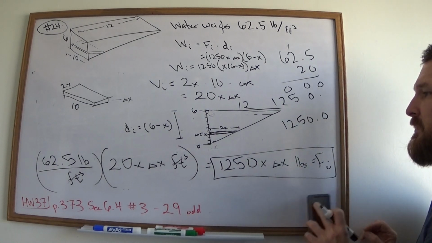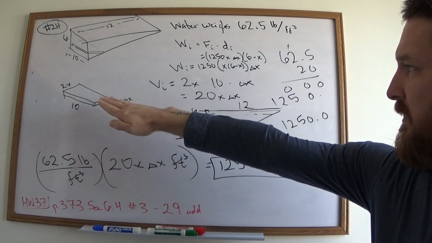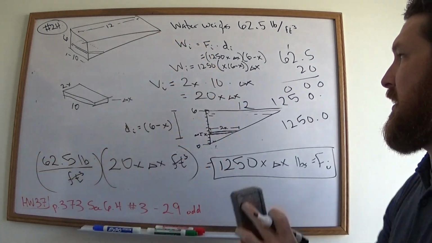Now we're going to add up all of those right there. I'm going to get rid of all of this stuff that we've done. Make sure I don't mess this up. Yep. That's the slice that we're lifting that high.